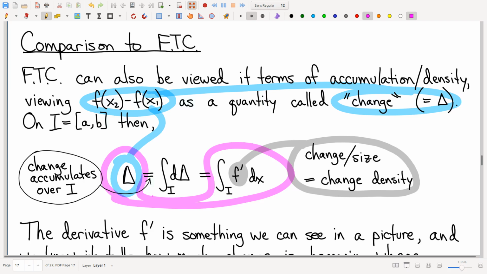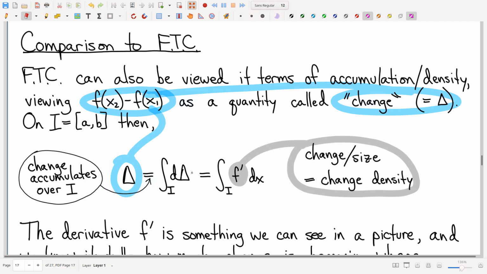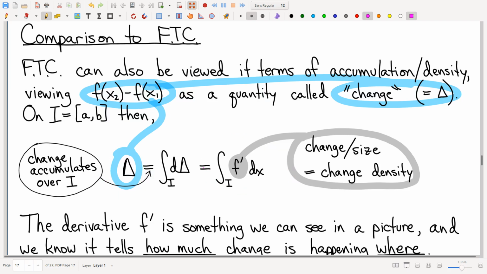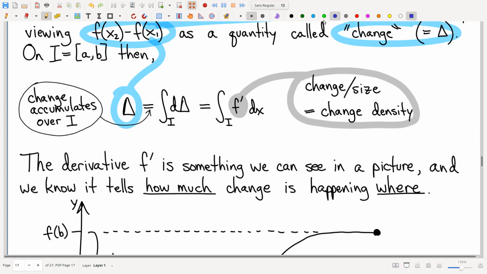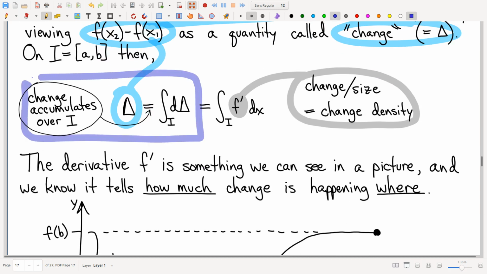Okay, so what can we say about change? Why are we interested in change? Well, the point is that change is an accumulating quantity. Now, how can I persuade you that change is an accumulating quantity? I'm just going to give you a kind of silly, obvious, relatable example. Let's think about my height as a function of time, right?